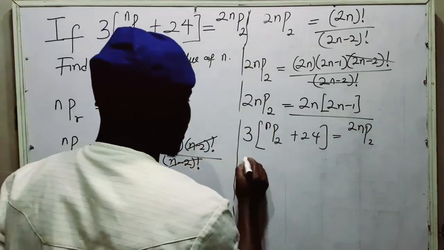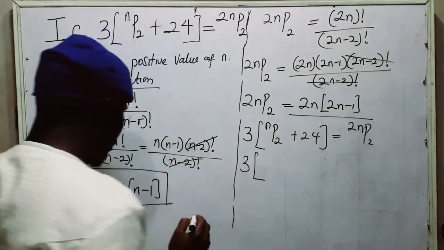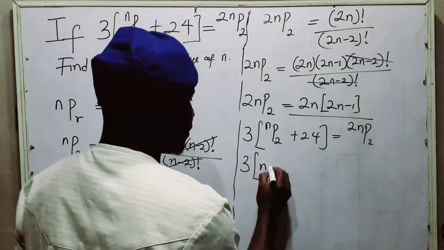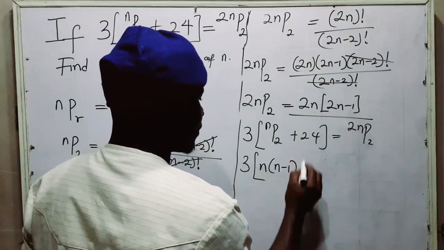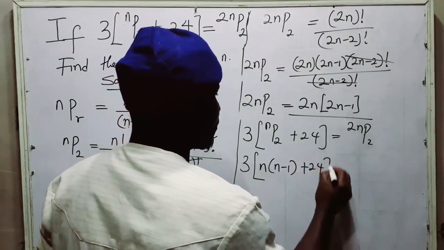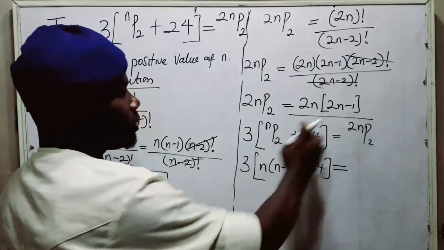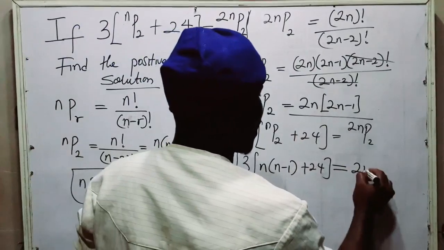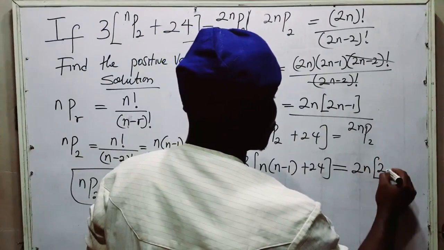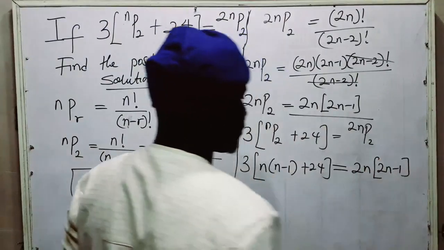So we have 3 times n, bracket, n minus 1, plus 24, is equal to 2n permutation 2, which is also this. We have 2n times 2n minus 1.